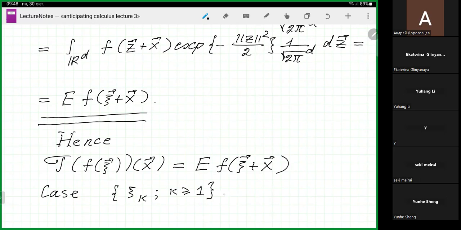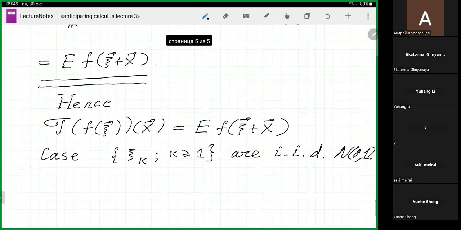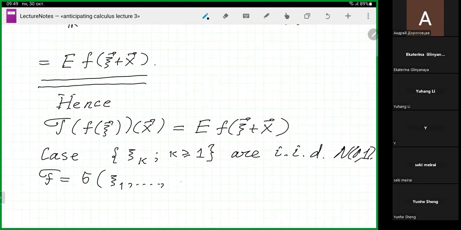Let me recall that they are IID, standard normal. So I still suppose that F is the sigma field generated by xi 1, up to xi n, and so on up to infinity.